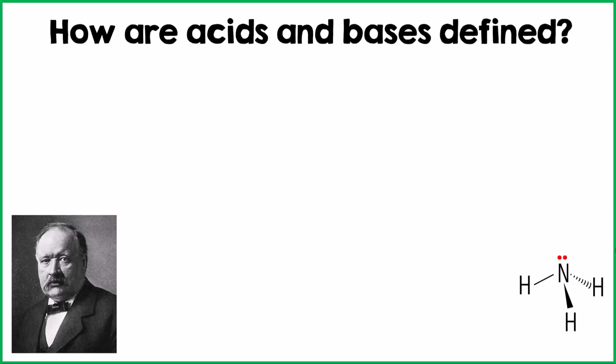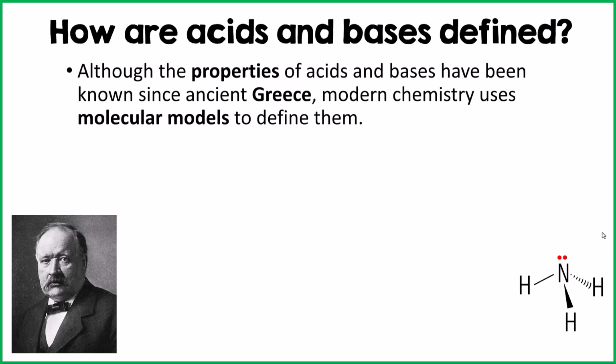So how exactly do we define acids and bases? Well, the properties of acids and bases have been known since the time of ancient Greece. But modern chemistry now uses molecular models to define them.